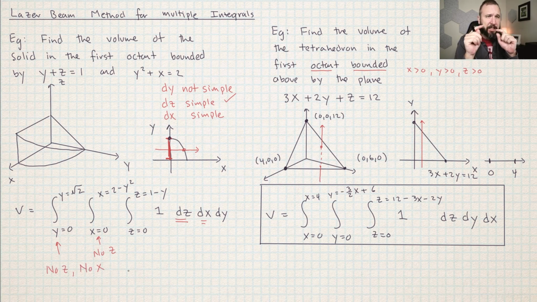If you're setting these up and you have deleted one of these axes, and you still have that letter as one of your limits of integration, you've done it wrong. So that's just a good check. When you delete these axes, go back in and make sure that it really does get rid of all of those letters. Okay, so that's a brief introduction to the laser beam method.